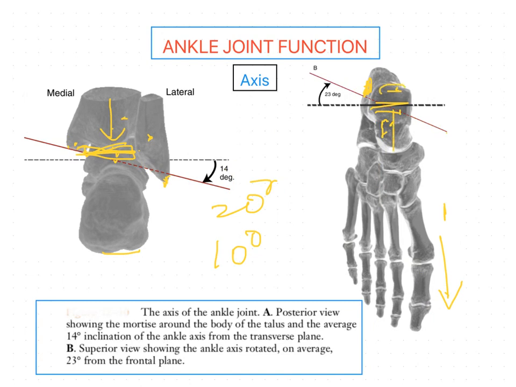Then the posterior part will come upwards, making a wedge inside the mortise here. So the ankle is less stable in plantar flexion, and due to this less stability, the pattern of injury to the lateral ankle ligaments normally takes place in plantar flexion, okay.